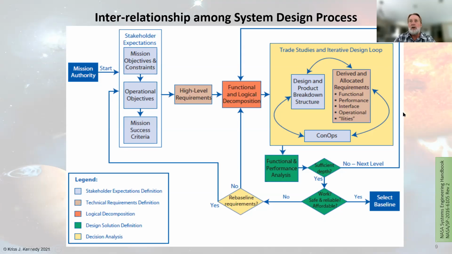And this is an inner design loop. You do your design and product breakdown structure. You derive and allocate requirements, as I mentioned before, which are requirements in the sense of functional requirements, performance requirements, interface requirements, operational requirements, and the ilities like reliability, serviceability, etc. And from that, you derive a concept of operations, a ConOps.